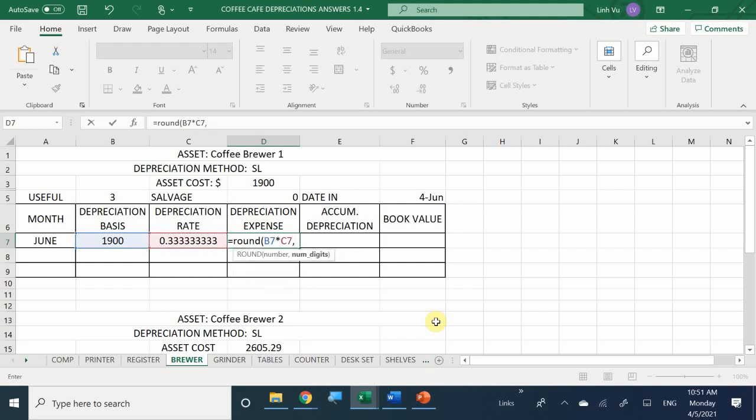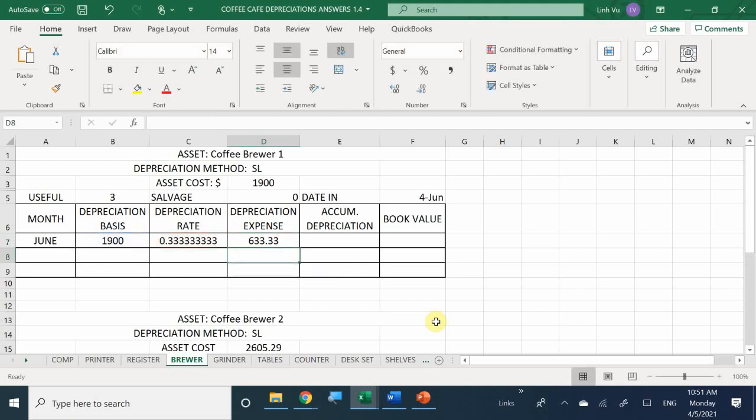So what did you get there? 633.33. Now, what is wrong with this number? That would be for the full year. This is for the full year. Okay. And so we need to take this number and divide it by 12. So 633 divided by 12.